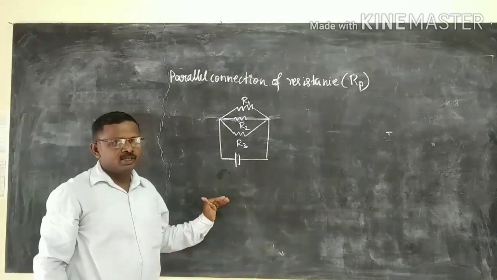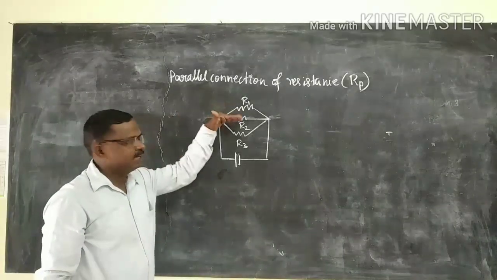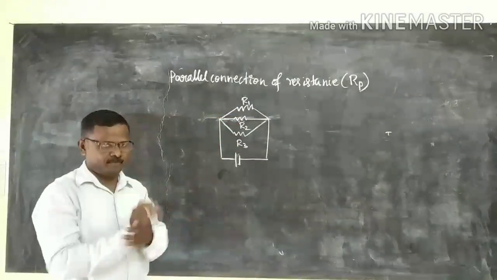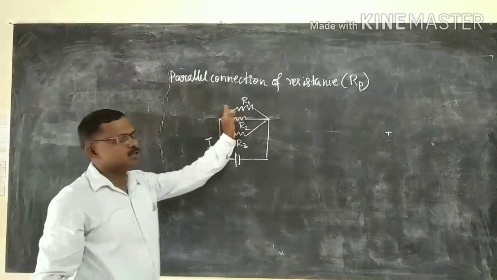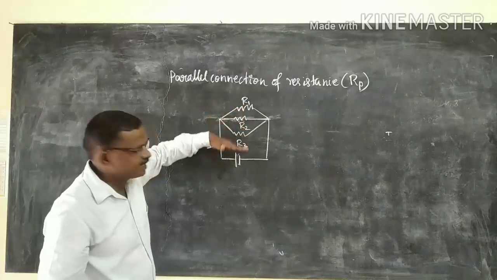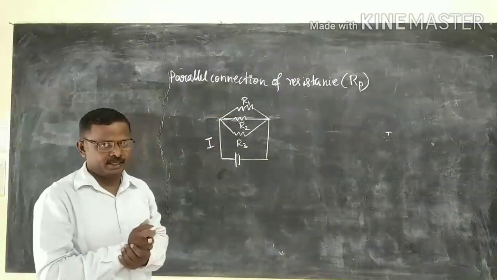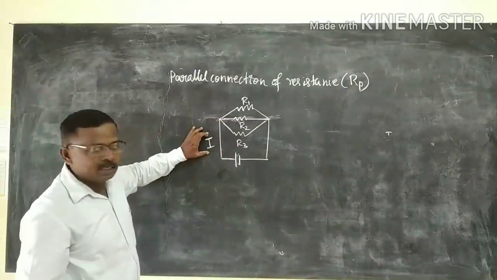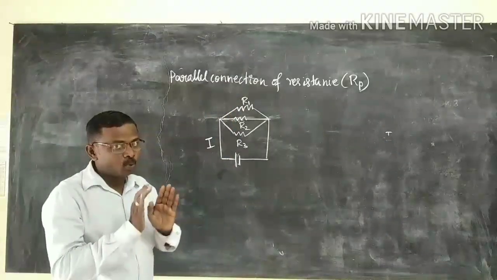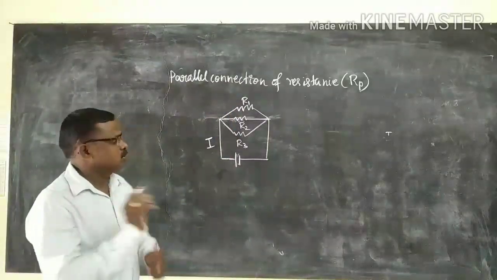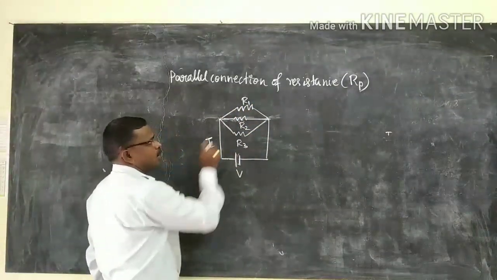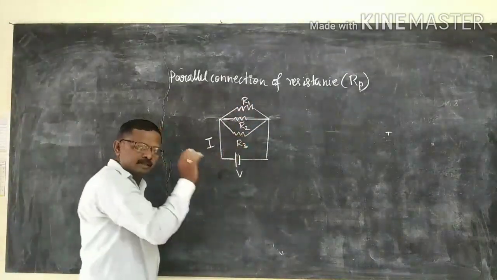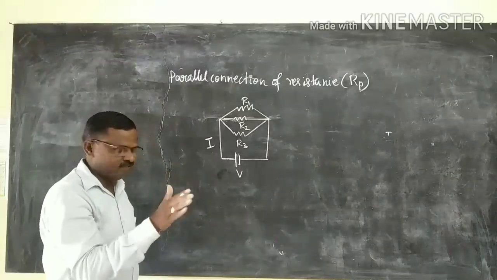Now the voltage across each resistor is the same, but the current flowing through each resistor is different. That means current is divided, but voltage will not drop. So the voltage across each resistor is the same, but the current is different.